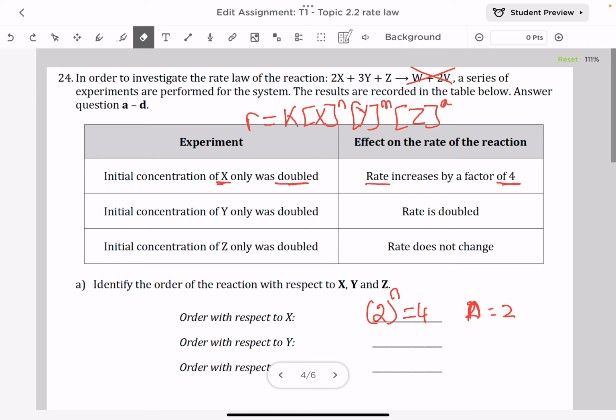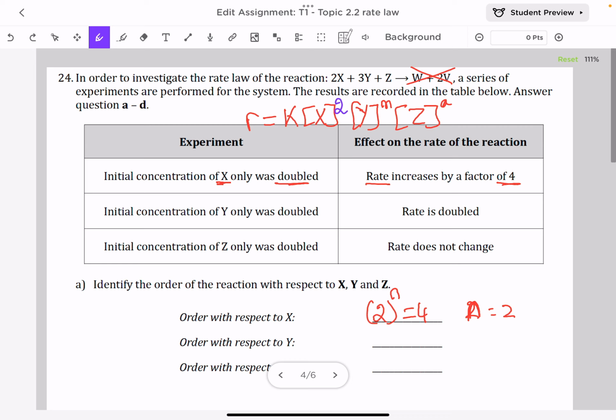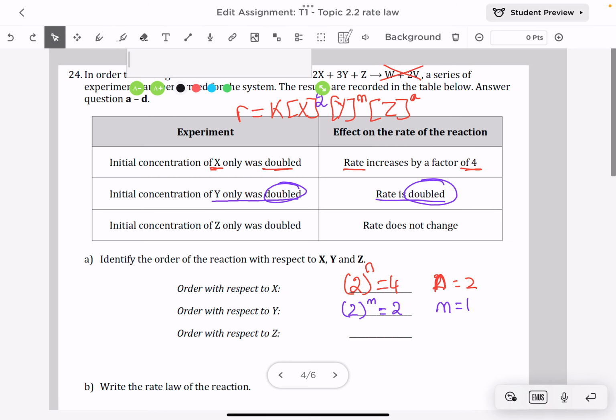So it's second order in X. Now, the initial concentration of Y was doubled. The rate is doubled. It's the same. So Y is first order, because when I double to a certain power and I get the same number, it means that this power is first order. So m is 1.